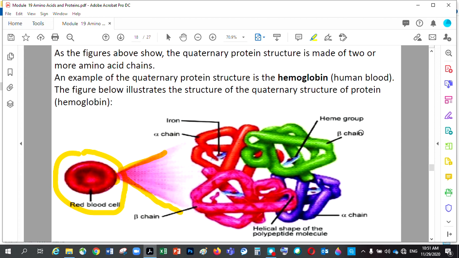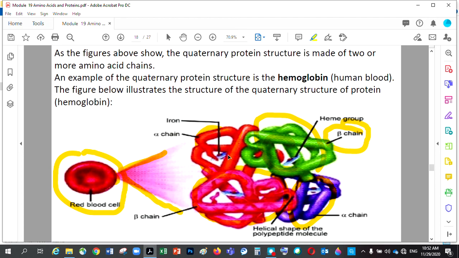This green one is a beta chain, and the red one is another beta chain, and we have the alpha chain, the dark red one, and the blue one is an alpha chain. So we have 4 chains together.